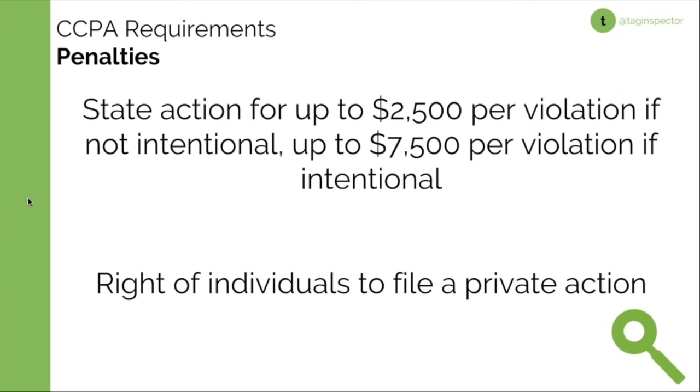And for many websites that are going to fall under this, if you're doing over $25 million worth of annual revenue, you're probably going to have a lot more than 1,000 users. So these fines can get massive. In addition, similar to GDPR, the right of individuals to file a private action is also there. So class action lawsuits, reputational damage, all of that can compound the potential penalties that you would see for violations.